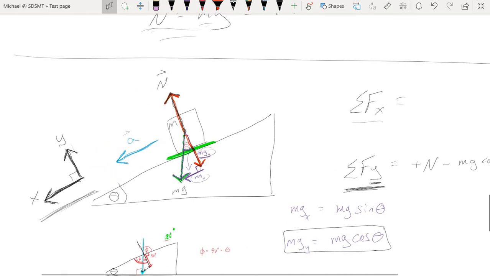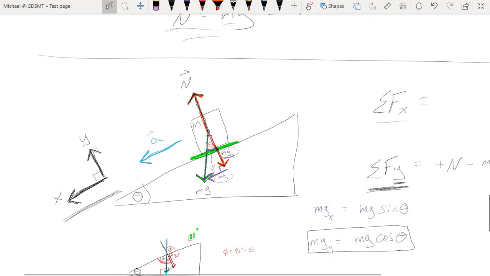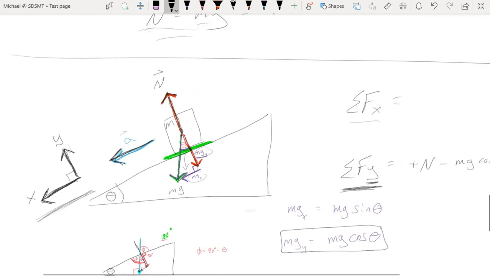But what acceleration are you expecting to see along the y direction? We've already argued that the only acceleration that we should see is in the x direction, downhill. Another way to think of this, go back to the last time that you were on a slide and ask yourself, when's the last time you went down a slide and you just spontaneously flew off?